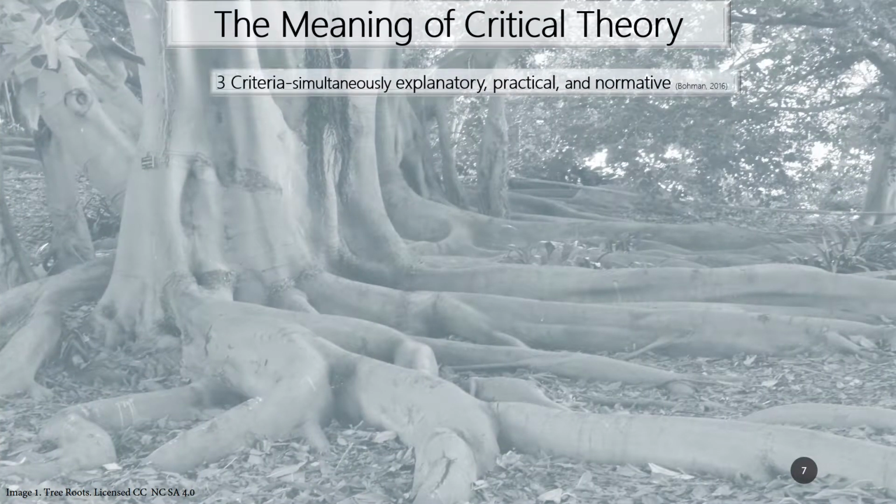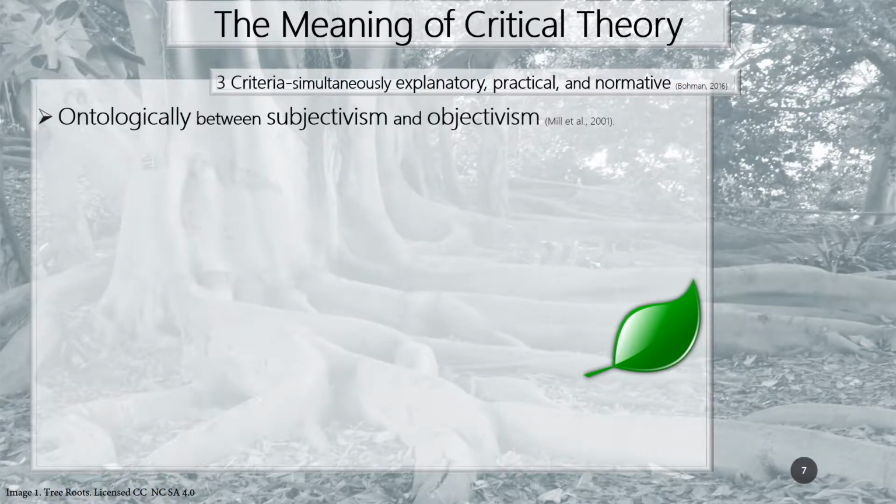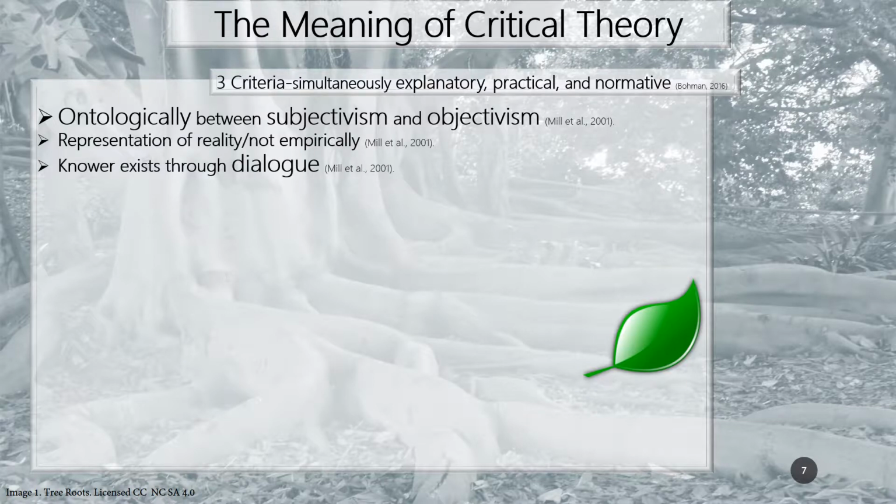Habermas says that critical theory must be simultaneously explanatory, practical, and normative. I believe that to use the approach of critical theory means to understand all of its concepts simultaneously and become them in practice and scholarship.